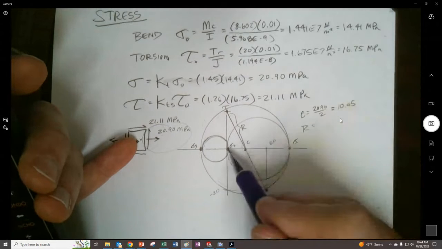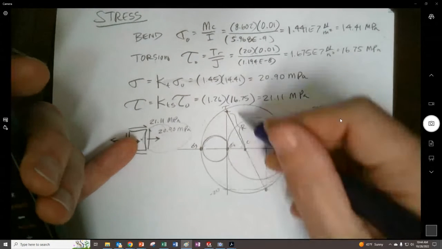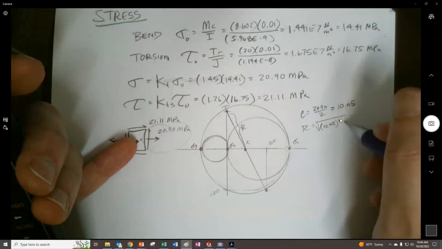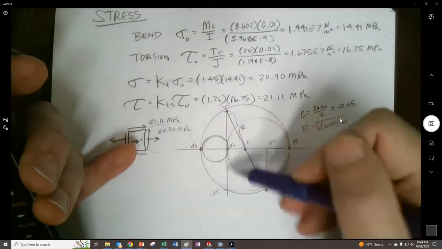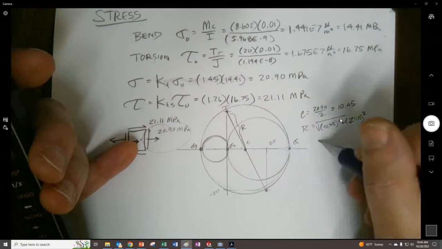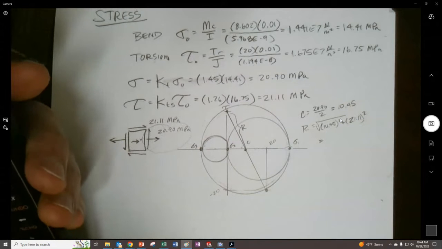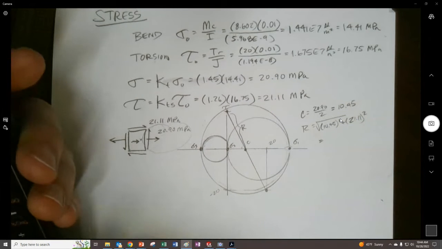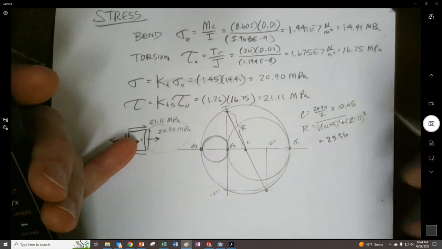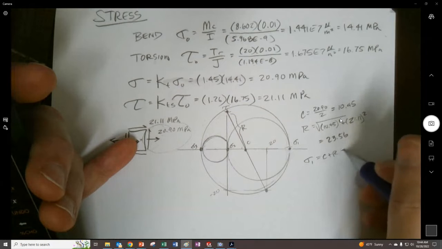And the radius is the square root of the center, 10.45 squared, plus the shear, which is 21.11 squared. So we square that, and 21.11 squared plus that, we get 23.56.